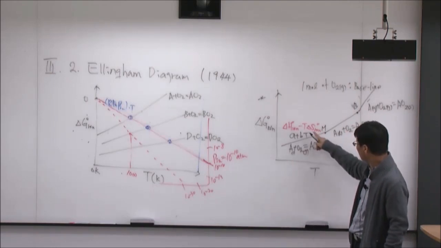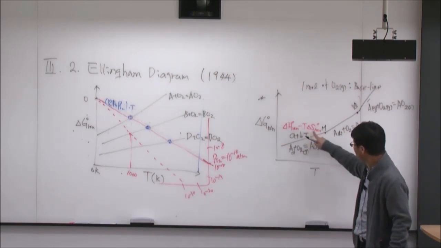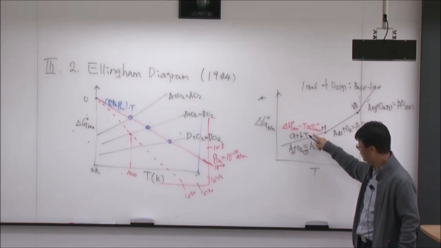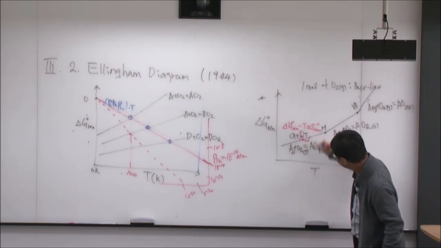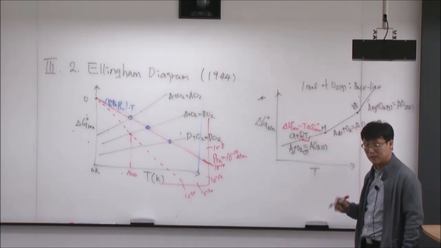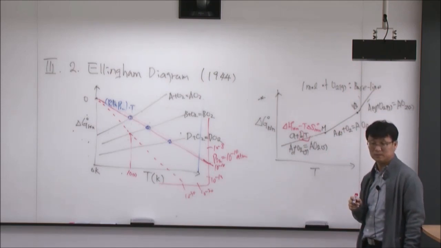So delta S of reaction is a negative term. Negative, negative is positive. So that's why the slope here will give you the minus delta S, and this is mostly positive.